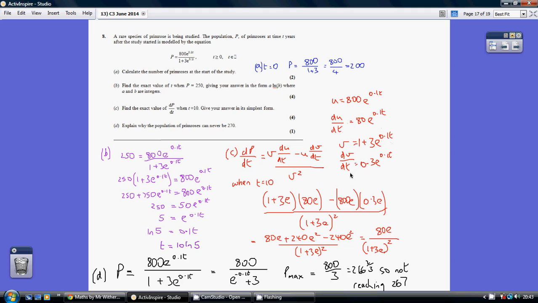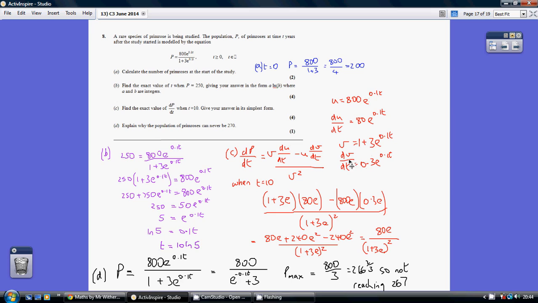Differentiate the numerator, u, and differentiate the denominator, v. Remember, when you differentiate e to the 0.1t, you remain with the same e to the 0.1t, but we've got to multiply by the differential of that part there, so by the 0.1, hence 800 becoming 80 and 3 becoming 0.3.